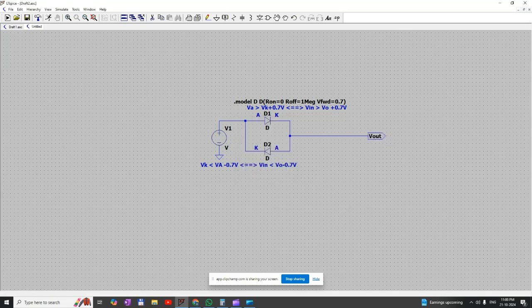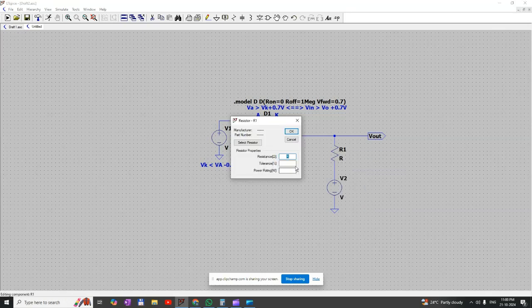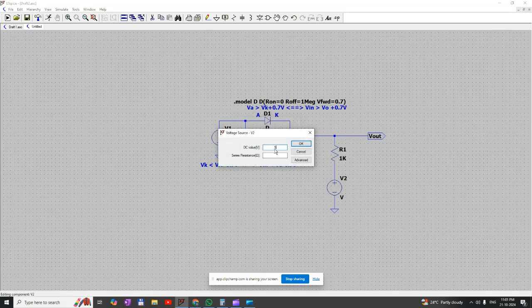But there is a small change here. Here we are going to connect a 1 kilo ohm load, and we are going to apply 5 volt.